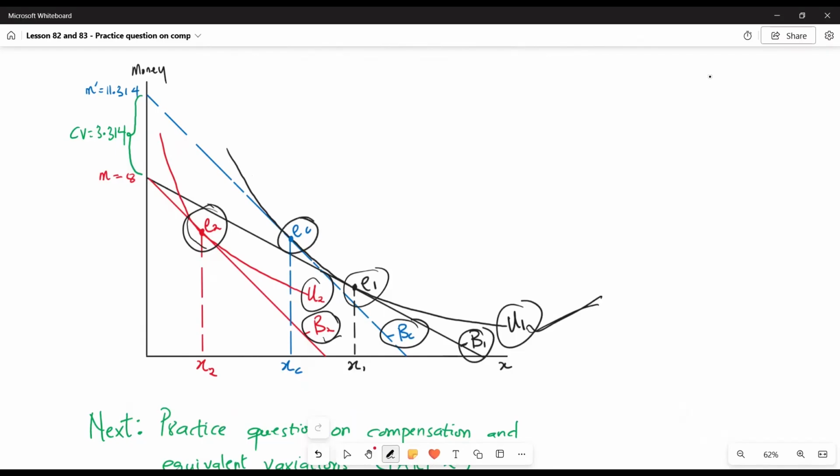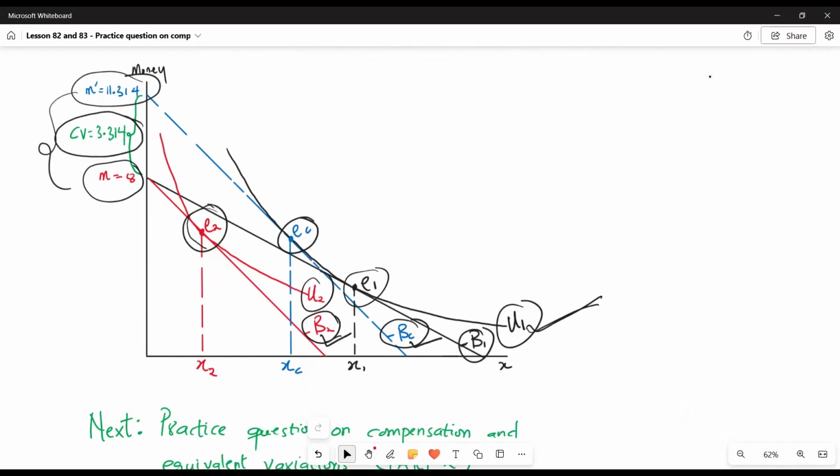So we can see on our vertical axis that M is the initial level of income and M prime is the income that is needed to keep Peter on the same level of utility after the change in price. And what we have calculated is our compensating variation, which is the difference between these two incomes. It's the vertical distance between our budget line B2 and the budget line BC.